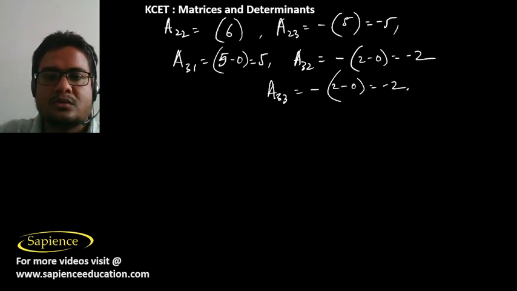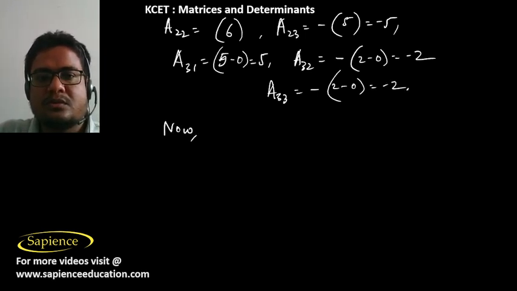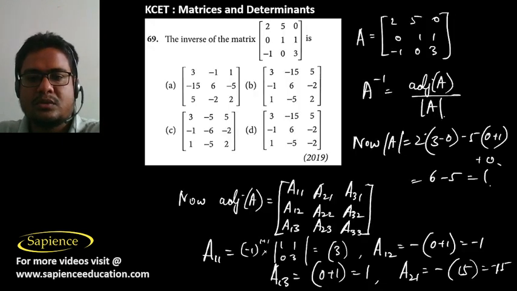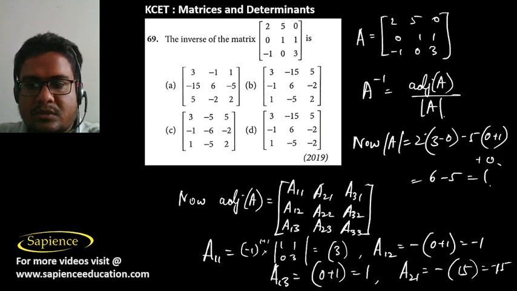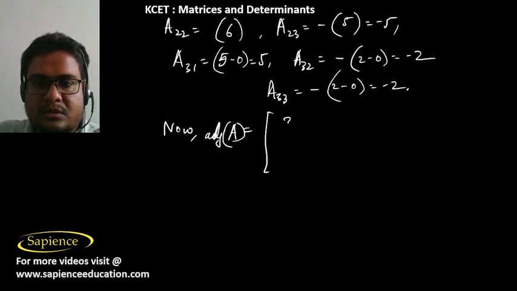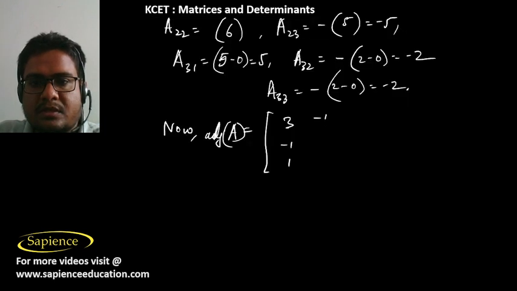Now the adjoint of matrix A is equal to 3 minus 1 1, then minus 15, 6 minus 5, and 5 minus 2 2.